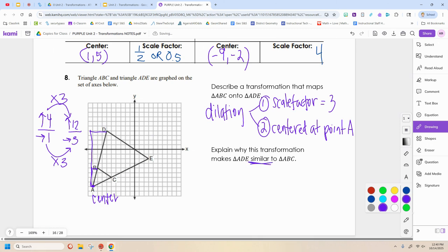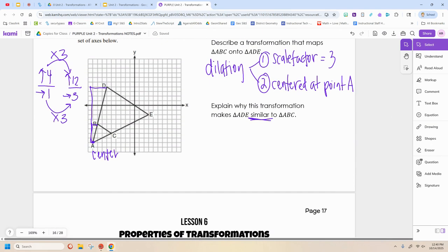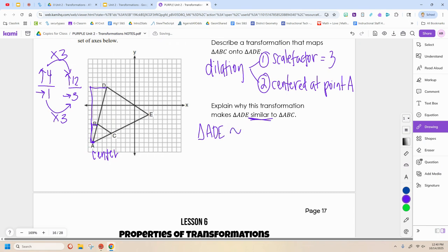Two figures are similar if, and we can write it this way, triangle ADE is similar to, so it's just the squiggle, the tilde, is similar to triangle ABC because dilation preserves angle size.